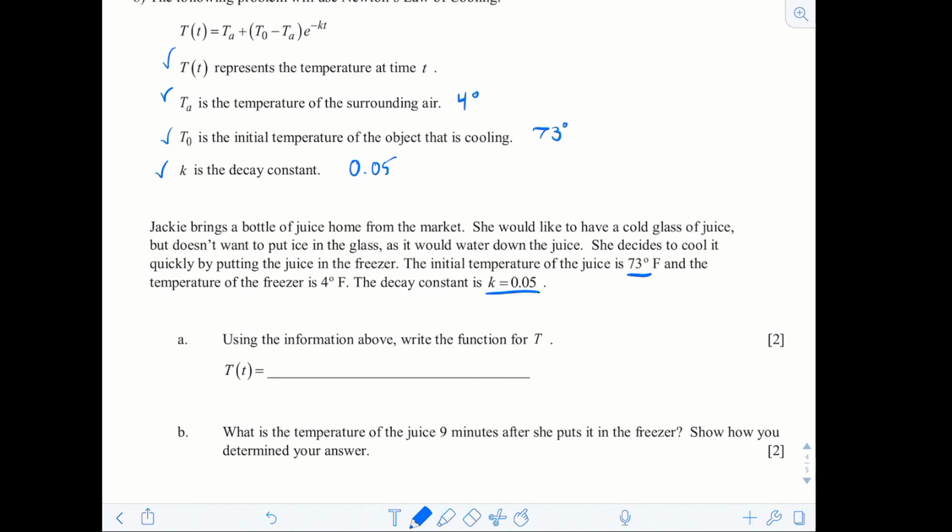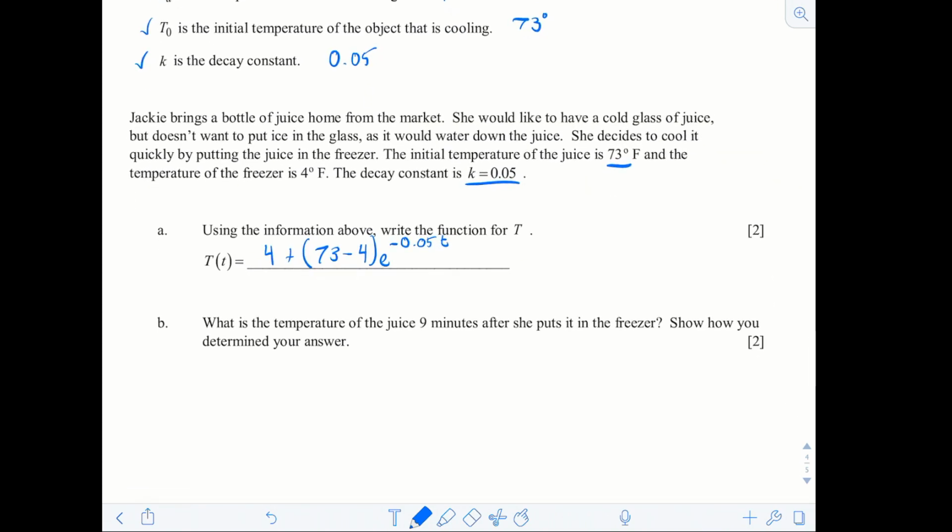Since I'm not necessarily given a specific time, I'm just going to fill in our values. So T of A, which will be 4, plus T of 0, which is 73, minus T of A, which is also 4 again, then e to the negative 0.05 t. Just like that. Okay, so it asks for the temperature of the juice 9 minutes after she puts it in the freezer.